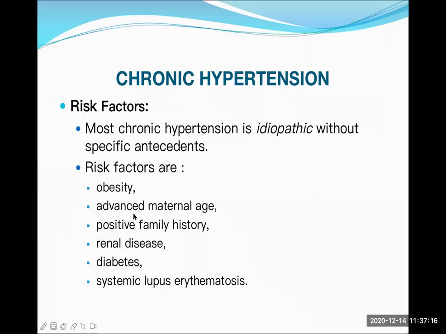So the risk factors are obesity, advanced maternal age, that means after 35 years, positive family history, and renal disease, especially chronic renal failure, diabetes, and SLE and other connective tissue disorders. These have a higher chance of development of chronic hypertension. These are the risk factors.